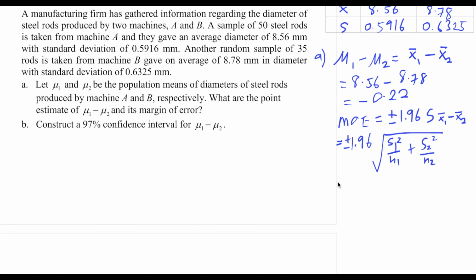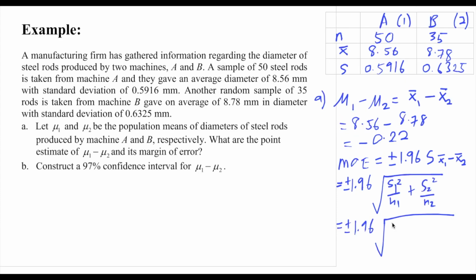And this gives us plus minus 1.96 square root of 0.5916 square over 50 plus 0.6325 square over 35, and this is plus minus 0.2661.